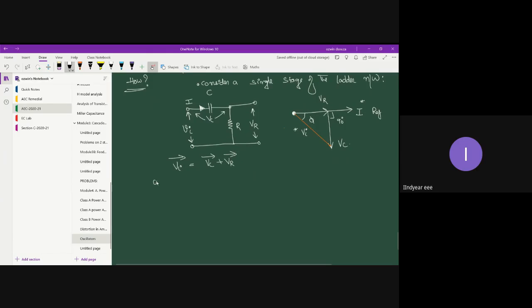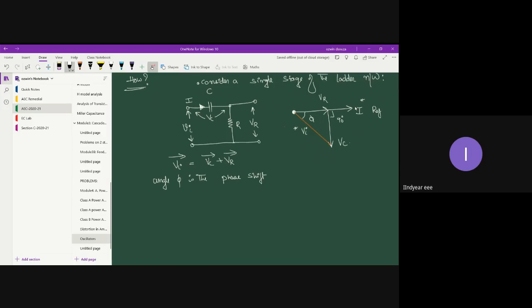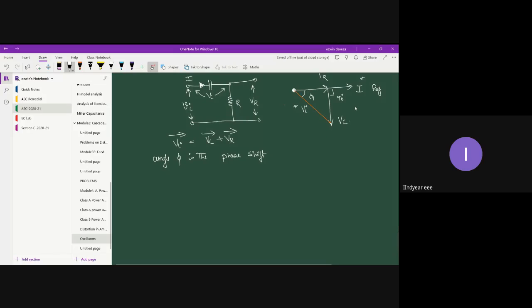So angle phi is the phase shift between the input voltage and the circuit current. Now, in order to find an expression for phase shift, you can make use of trigonometry.